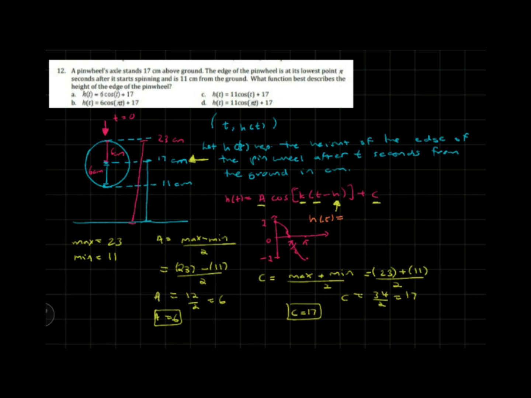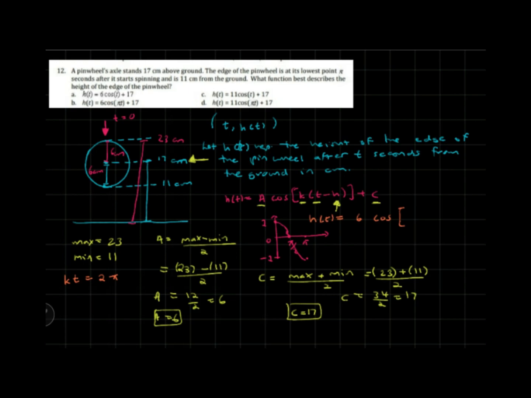If I plug this into my equation, a here should be equal to 6 cosine of kt, and k we haven't found yet. k is our frequency, and k times the period T is equal to 2 pi radians. We're given that the edge of the pinwheel is at its lowest point after pi seconds.